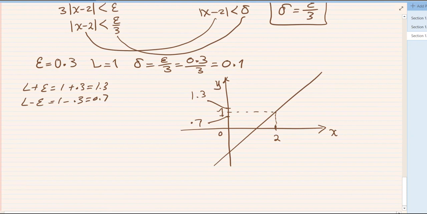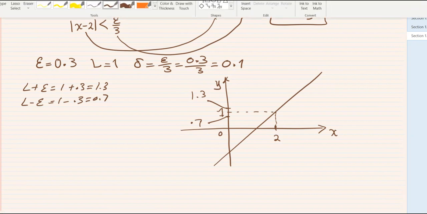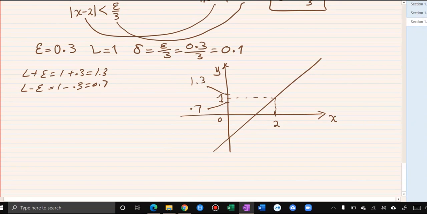Okay, now, how close do I need to get to 2? To see how close to 2, let me switch my pen. Let me extend this and drop it down. There you go. We need to find this number. What is this number here? That's the function value 0.7.